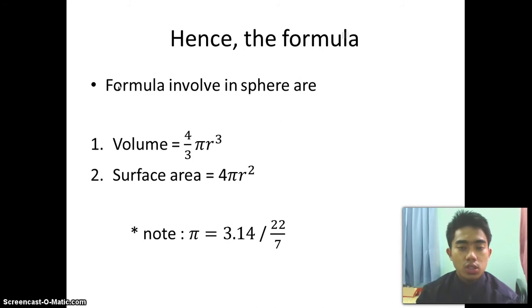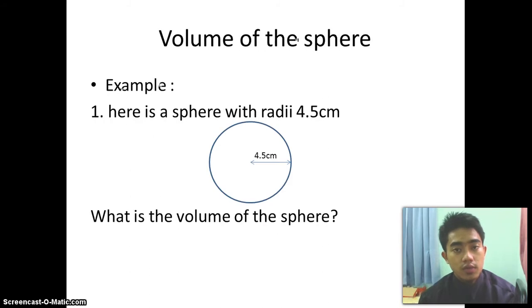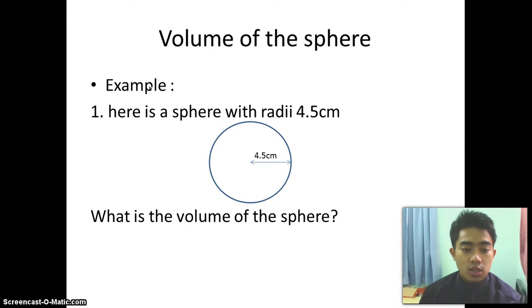Okay, we will be going to the question of the volume. This is the example question of the volume. Here is a sphere with a radius of 4.5 centimeter, and the question is asking what is the volume of the sphere. The question has given the information of the radius of the sphere.